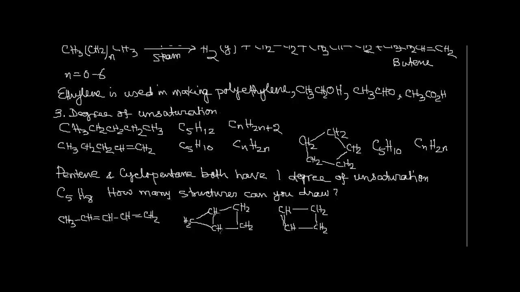So let me erase that, and then I will make CH, and then I'll make a double bond over here and I'll make a CH2 over here. Does it make sense now? So 2 plus 2, 4 plus 2, 6, 7, 8. So C5H8 can have one cyclic structure and one double bond.